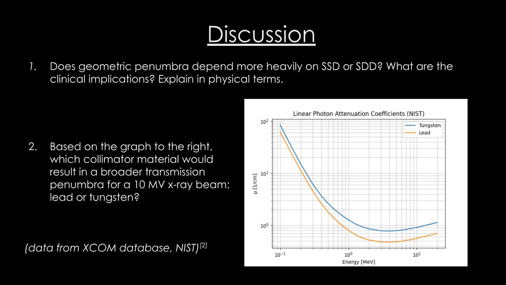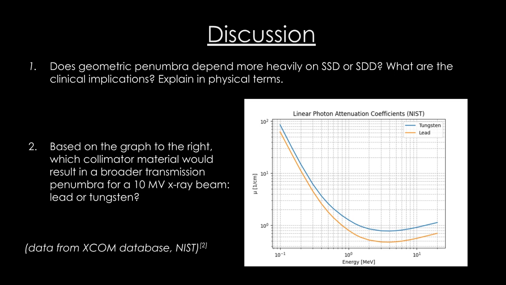And finally, I'd like you to consider these questions to test your understanding of the concepts underlying penumbra. First, does geometric penumbra depend more heavily on SSD or SDD? And how do you think the answer might influence the design of a LINAC and patient positioning?